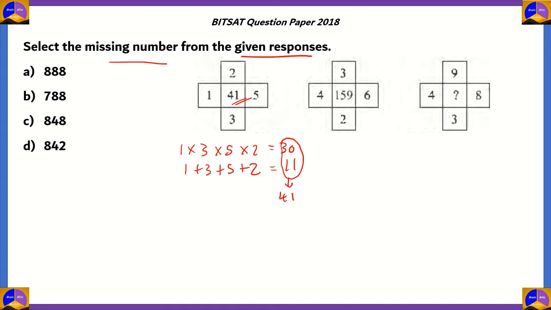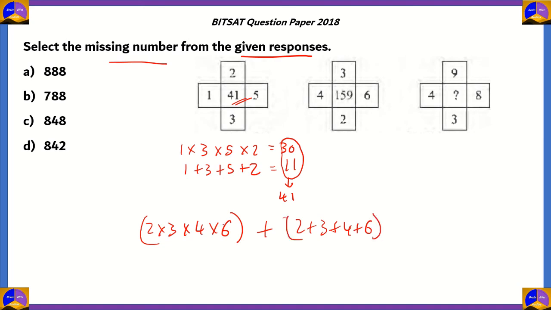So the relation here for the second number series will be 2 into 3 into 4 into 6, plus 2 plus 3 plus 4 plus 6.